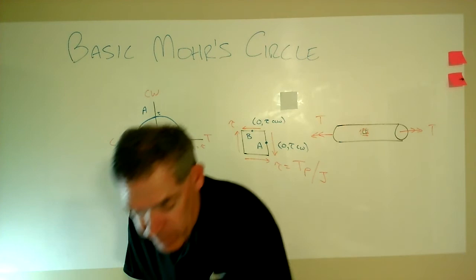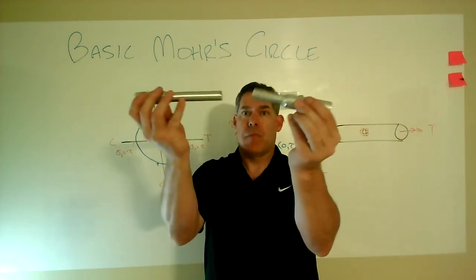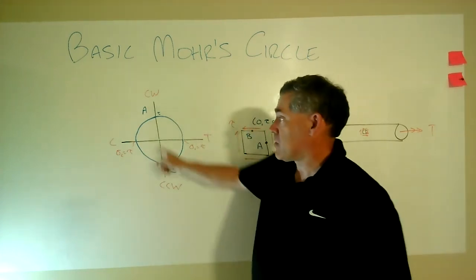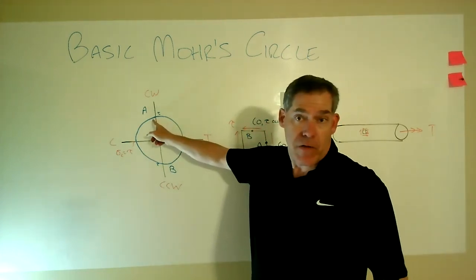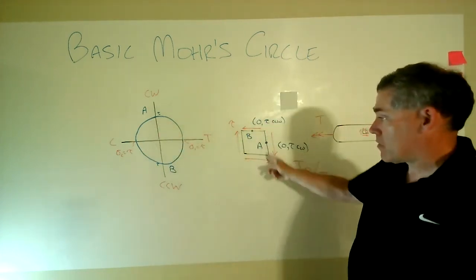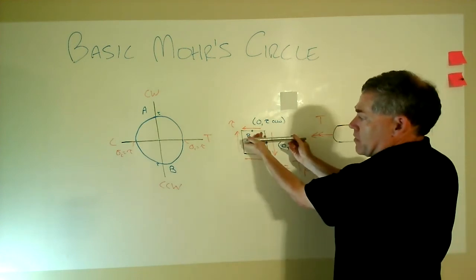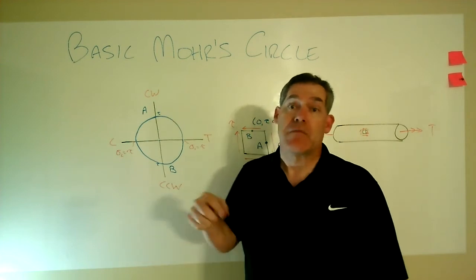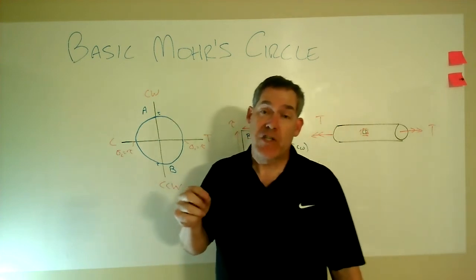Now you go over to this one. This one failed right on the cross section itself. That means it failed right on this plane. That point A was the cross-sectional plane. So that means it failed in shear, and ductile metals will fail in shear first.